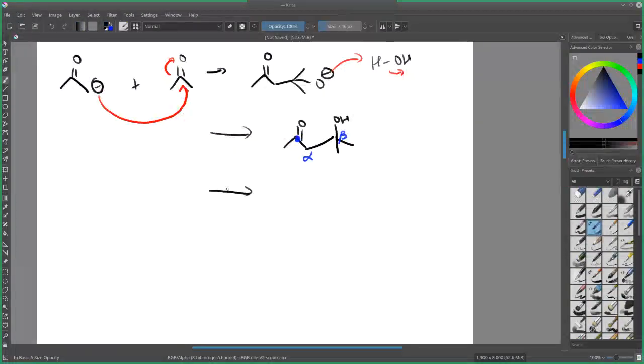Okay. So in this case, we did a basic addition, and let's say that we just kept it in the base and we just heated it a whole bunch more. Well, from there, you know what you can do, right? There's a hydrogen hanging off here. Okay? And you could do E2. Okay?